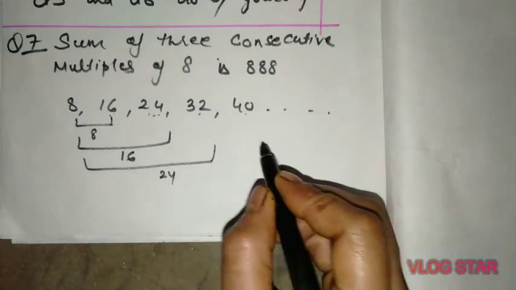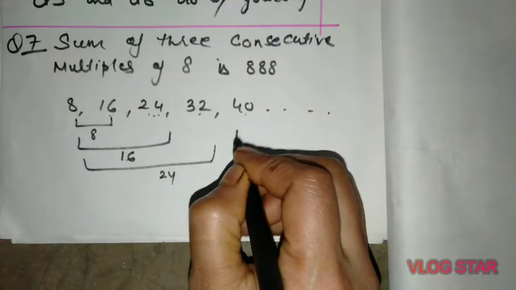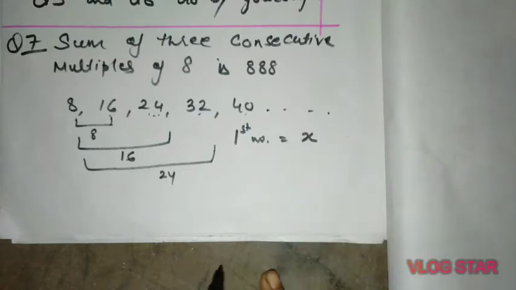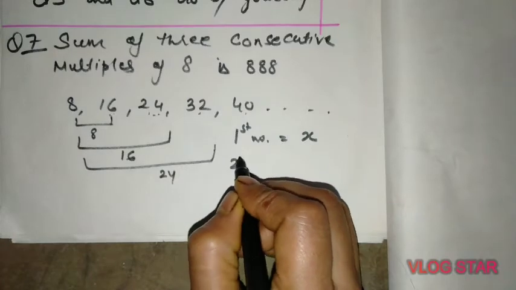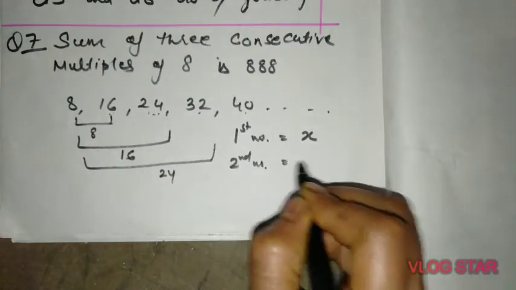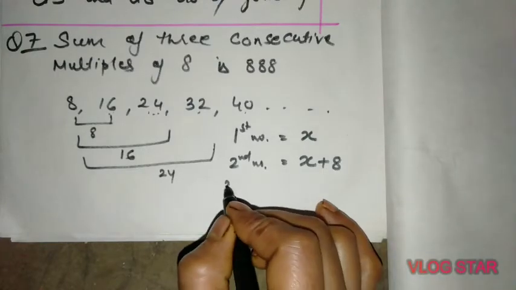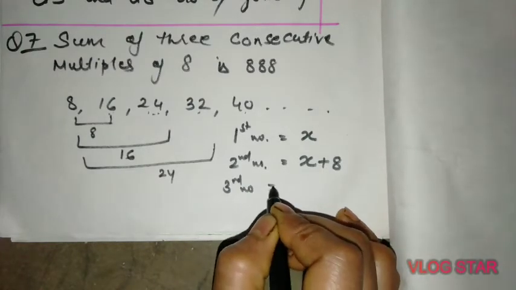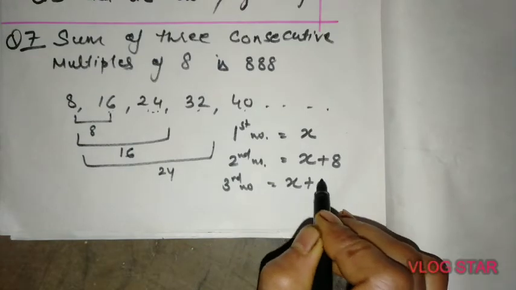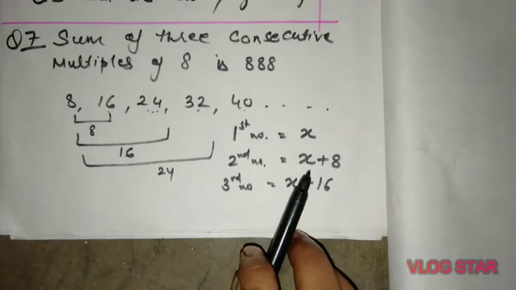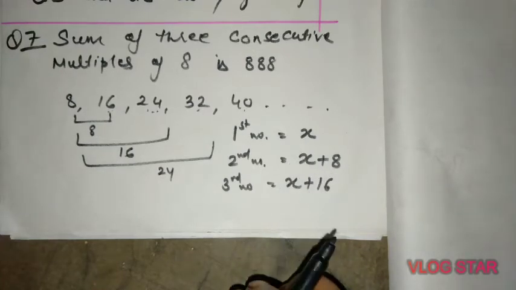So we can consider that the first number is x, then the second number will be 8 more than x, that is x plus 8, and the third consecutive number will be x plus 16. These are the three consecutive numbers. First is x, second is x plus 8, and the third one is x plus 16.